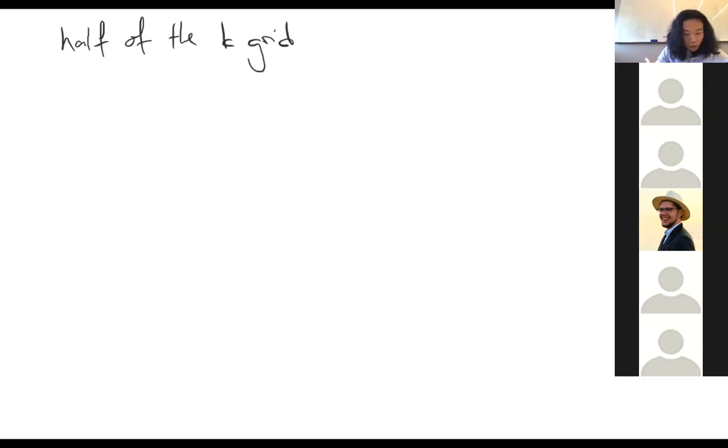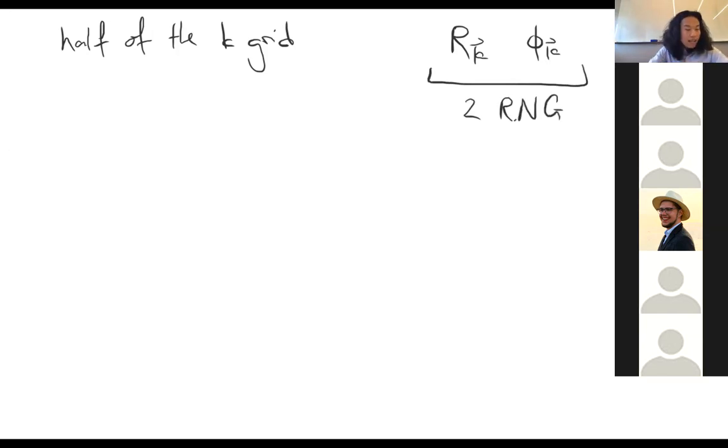So to construct this half K grid, remember that in the displacement field, the Gaussian random noise needs a random amplitude and a random phase. So we need two random number generators to do this. These two random number generators are not strictly random in the most natural sense.